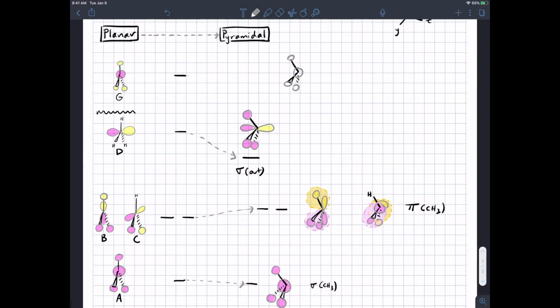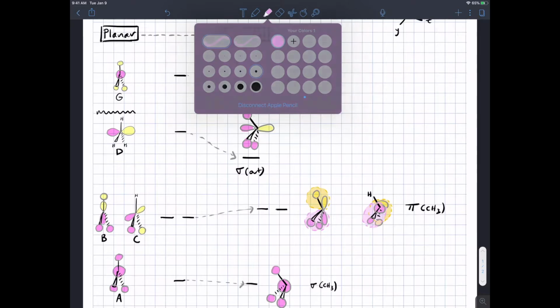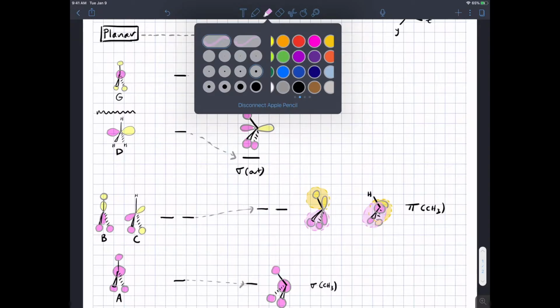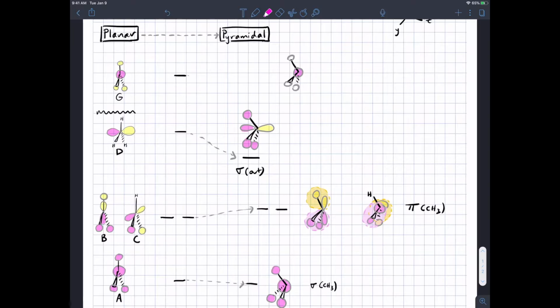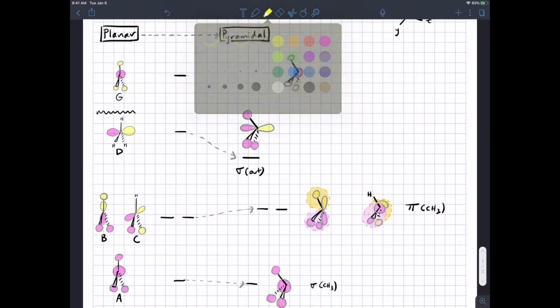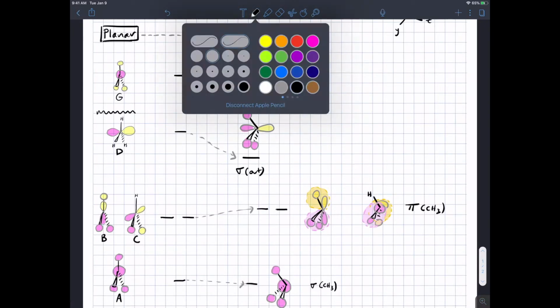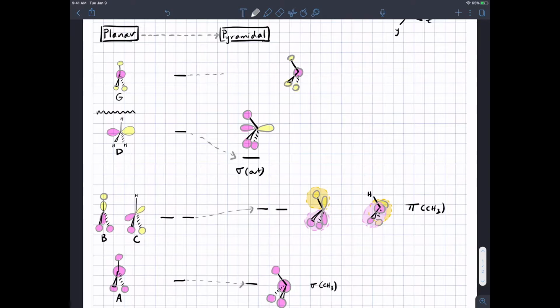There's not going to be a huge energy change as you go here from pyramidal to not, because there is a spherical node in between the orbital on carbon and the spot of the orbital that's on hydrogen. So there would really be not a huge change in energy there because there wasn't any overlap to begin with. All right. Other questions?